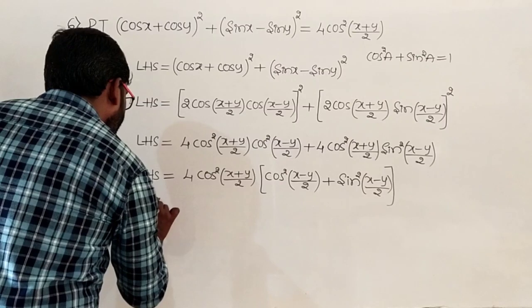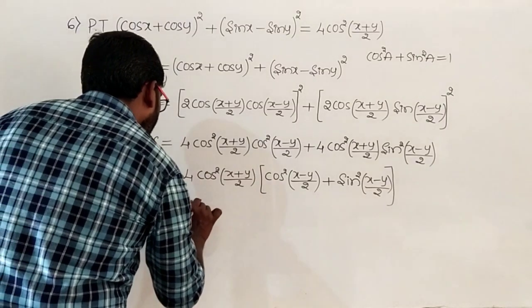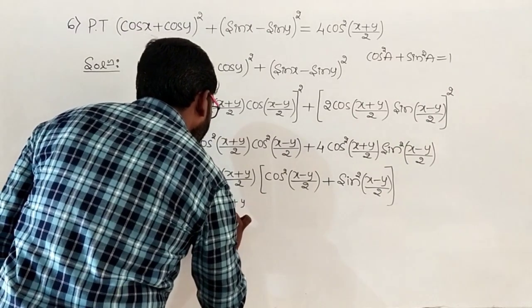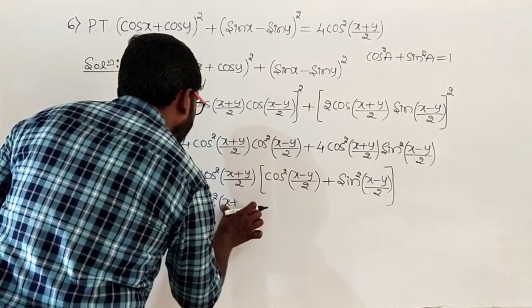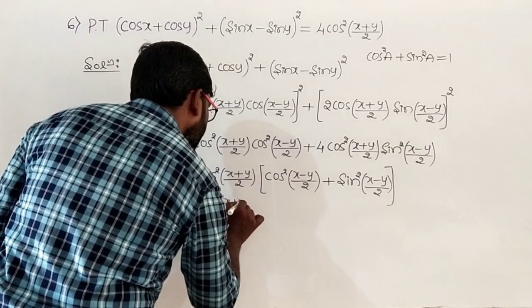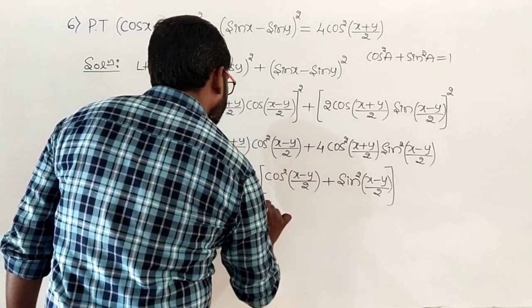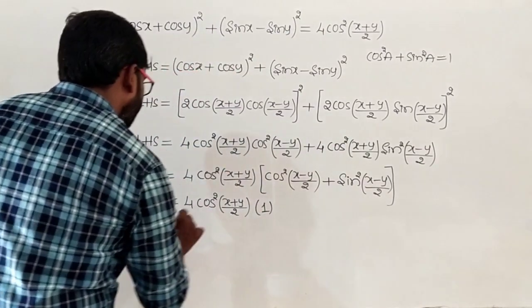LHS equals 4 cos square of (x plus y) divided by 2 into 1. So we get the same term now.